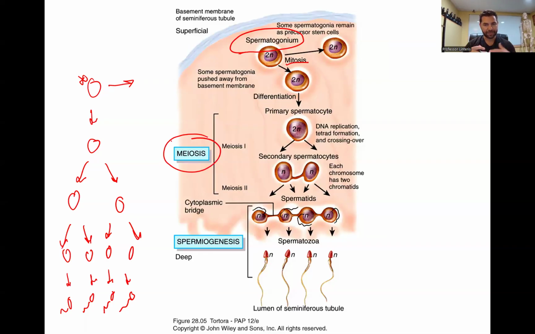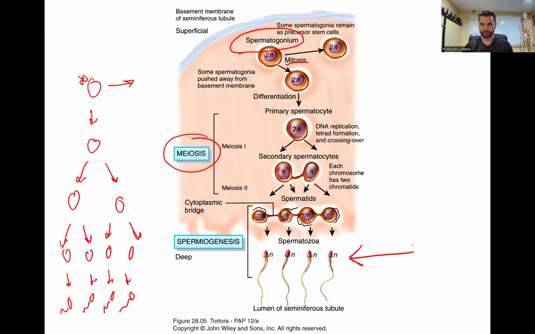And mitosis is just cell division, so we can keep plenty of spermatogonium up there.